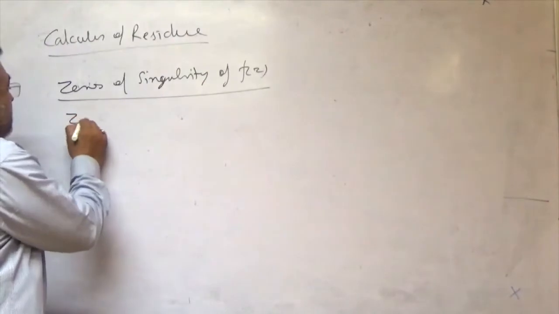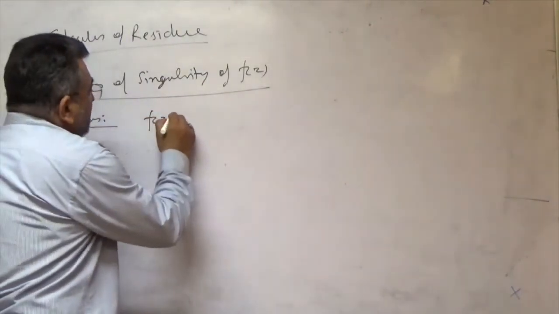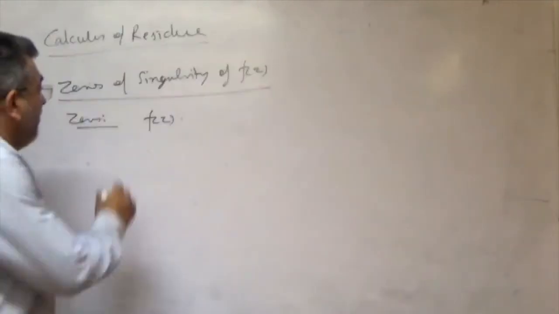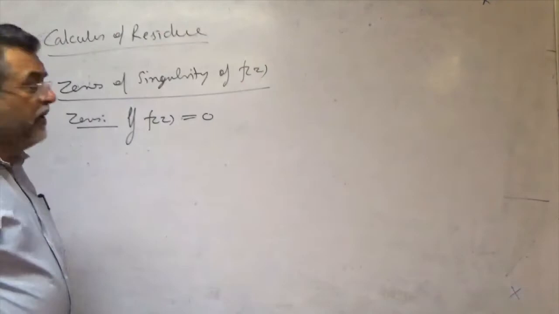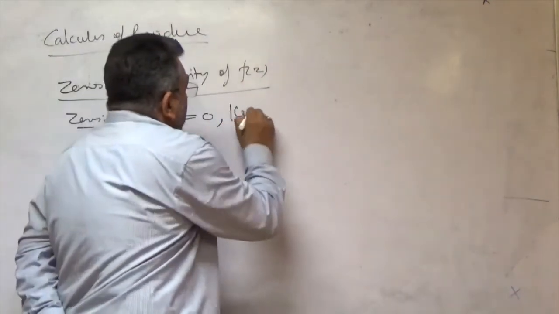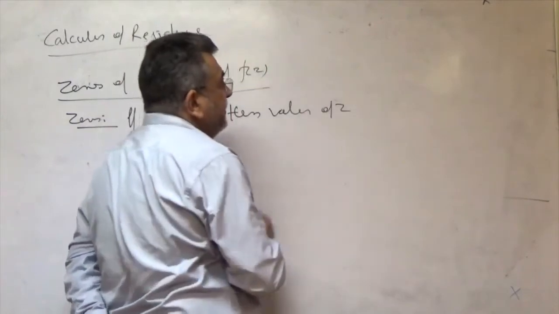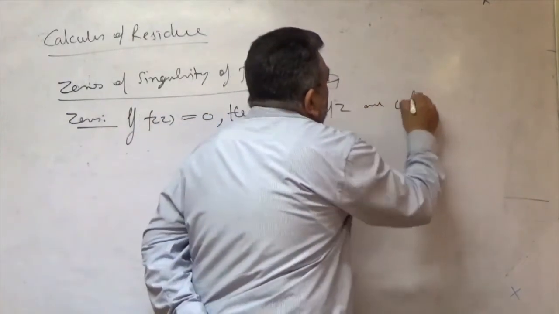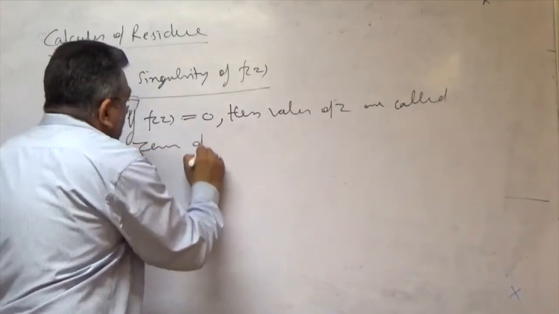First thing, zeros. What is zeros? Actually, if we have a function f(z), if this function f(z) is 0, then values of z are called zeros of f(z).